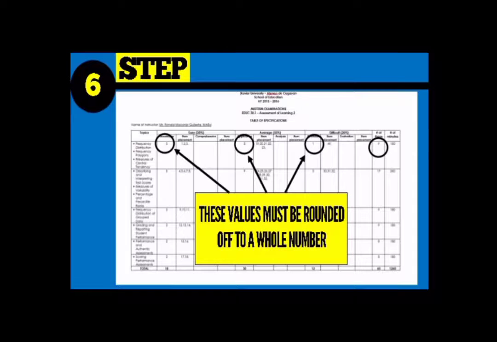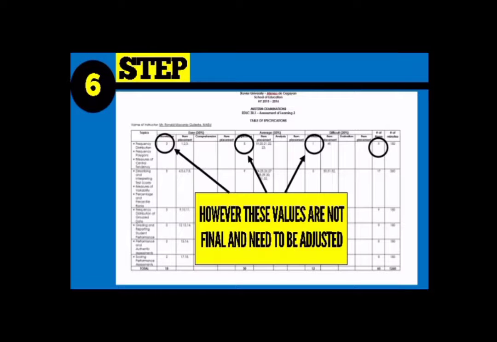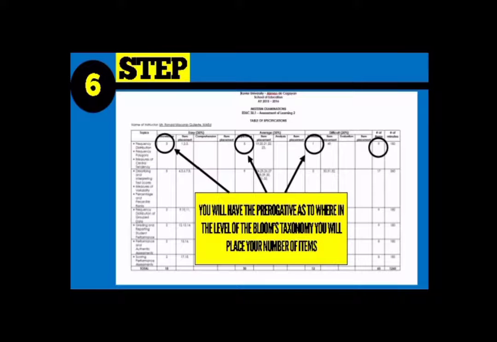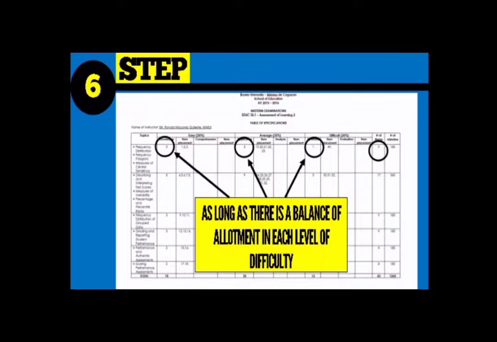These values must be rounded off to a whole number. However, these values are not final and need to be adjusted. You will have the prerogative as to where in the levels of Bloom's taxonomy you will place your number of items, as long as there is a balance of allotment in each level of difficulty.